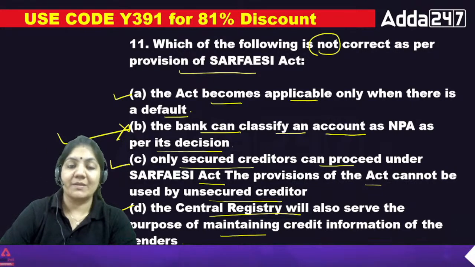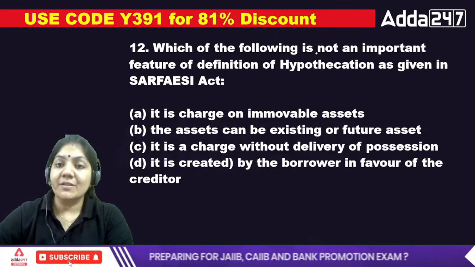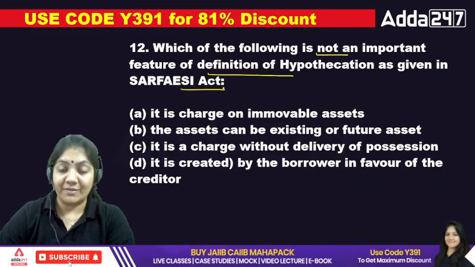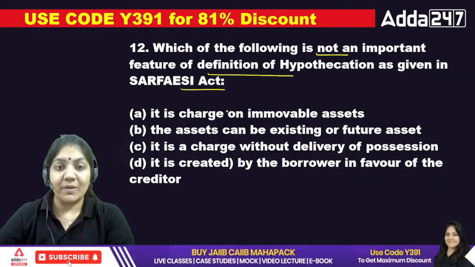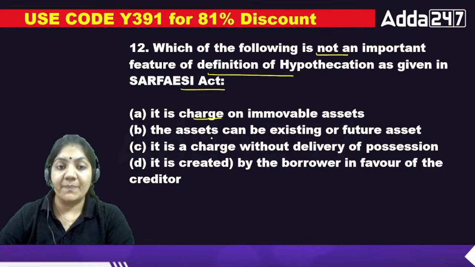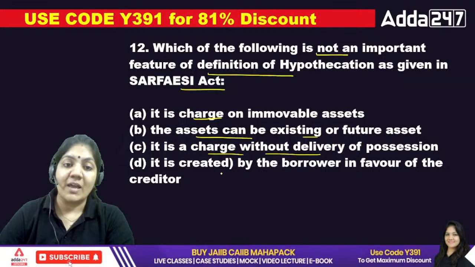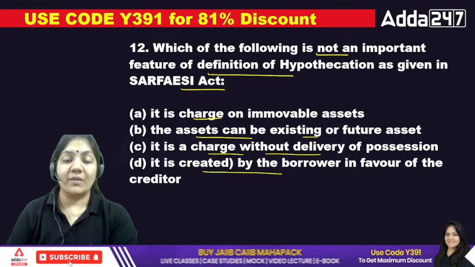Okay. Next. Which of the following is not an important feature of the definition of hypothecation as given under the SARFAESI Act? Okay, in this one, it is a charge on immovable property. The asset can be existing or future assets. It can be charged without delivery of possession, and it is created by the borrower in favor of the creditor.